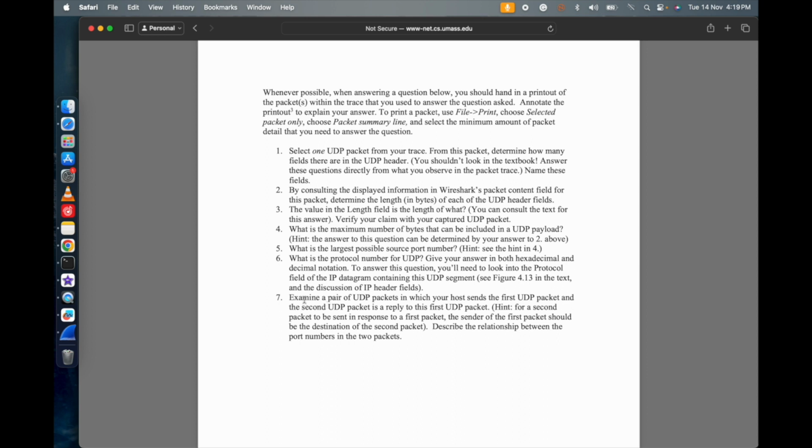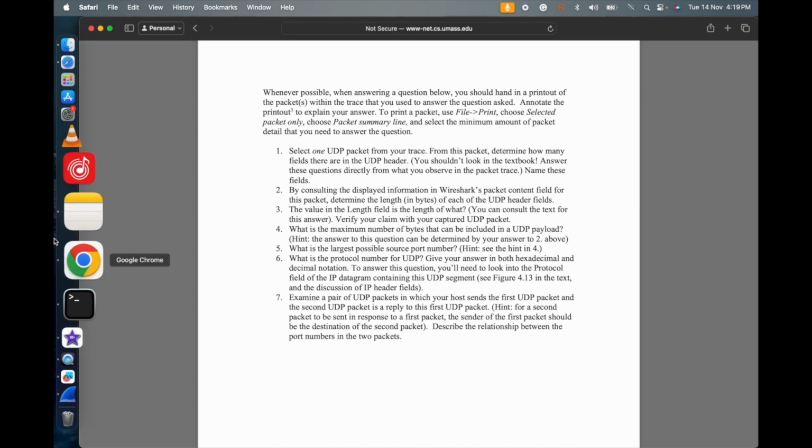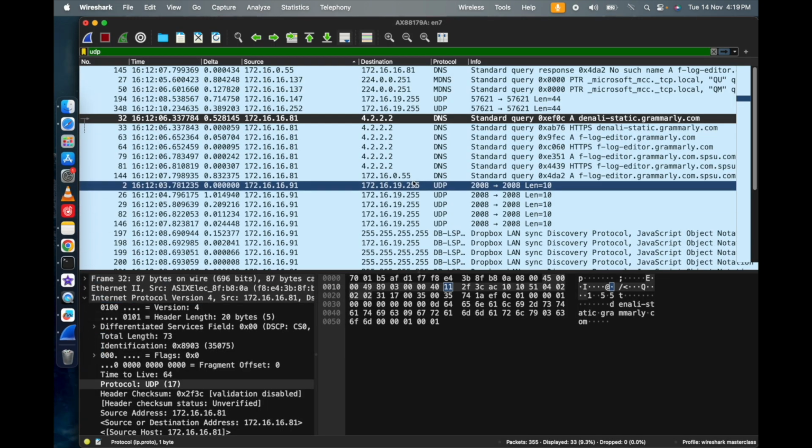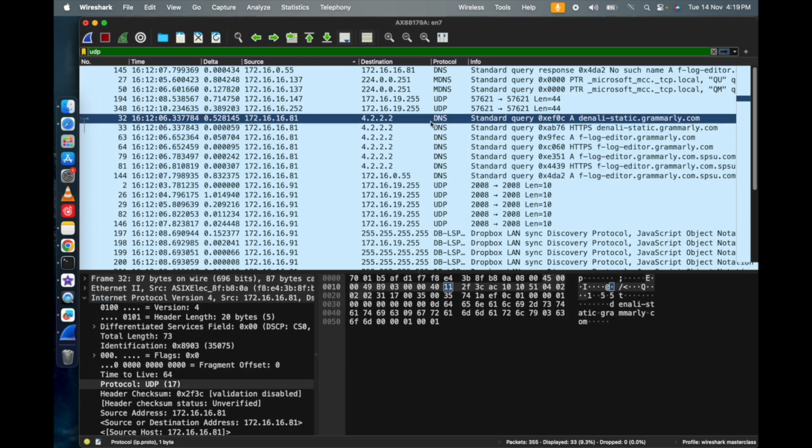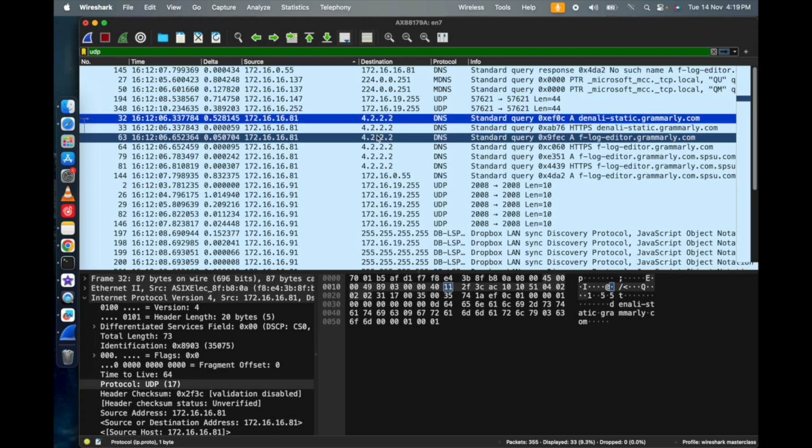Examine a pair of UDP packets in which your host sends the first UDP packet and the second UDP packet is a reply to the first UDP packet. So we just have to describe the relationship between the port numbers in the two packets. So over here, let's take this one. Over here, the source is 172.16.16.81, which is the host IP address, and 4.2.2.2 is the DNS server IP address of my laptop.